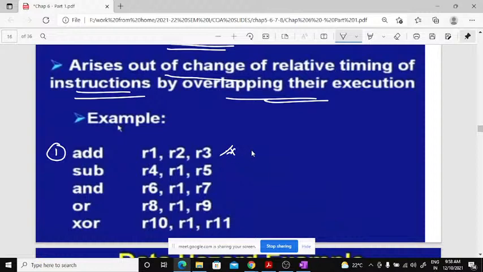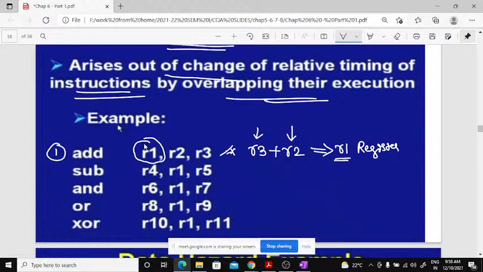It performs the addition of the content of R2 and the content of R3 registers, and stores the result in the R1 register. So here, in the R1 register, we will get a result.